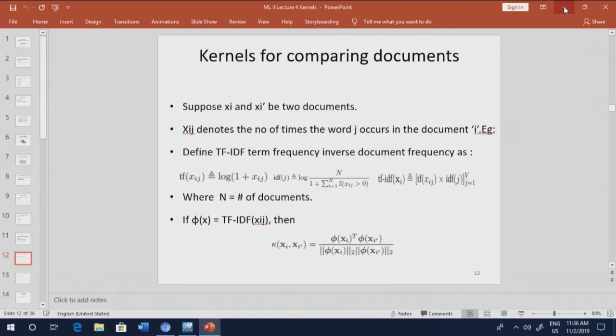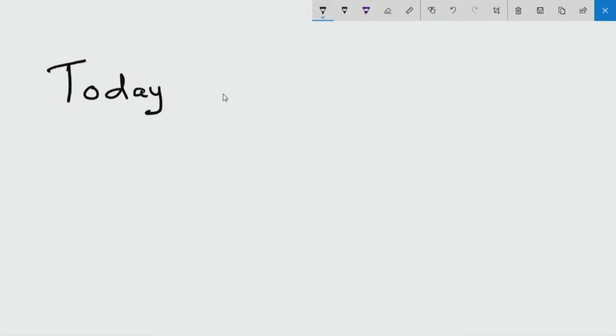Here we can have a simple example. Suppose the first document, the first sentence, is: today is Saturday.